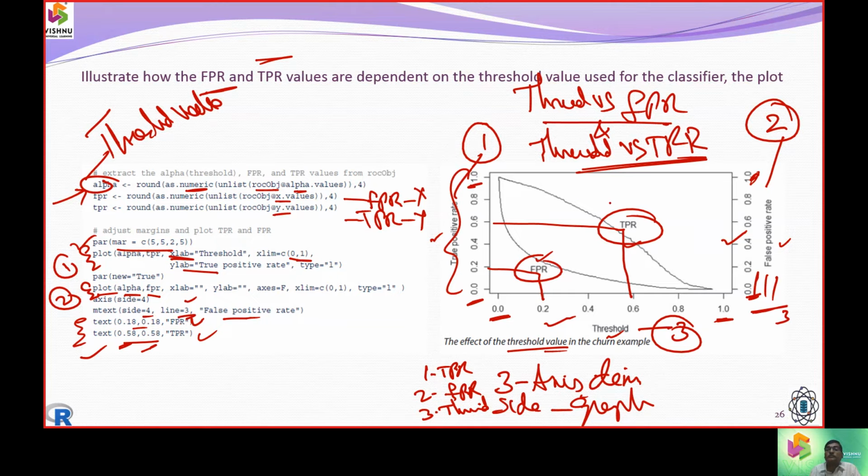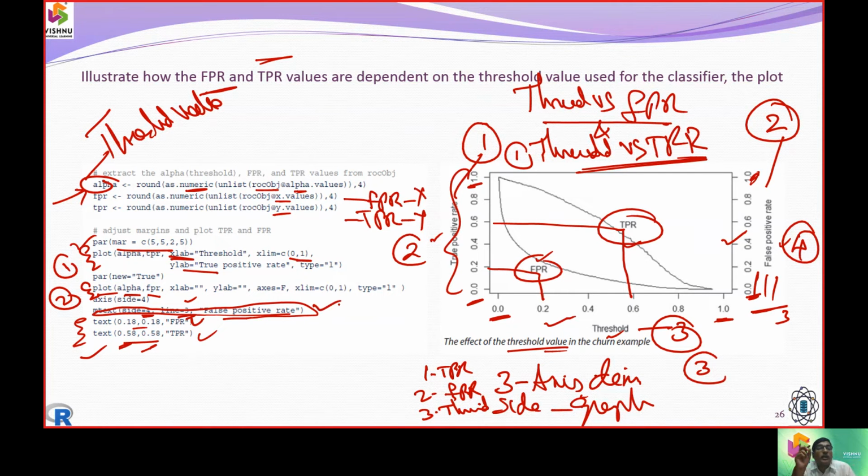So this is sides 1, 2, 3, 4. At side 4, it is going to display the FPR rate. Why? Because by default we can write the threshold on the x-axis and the true positive values on the y-axis.